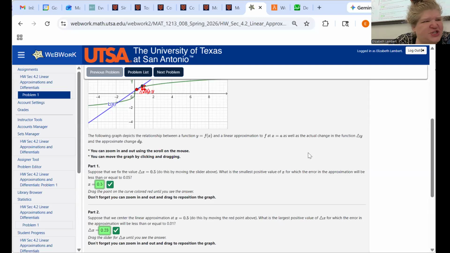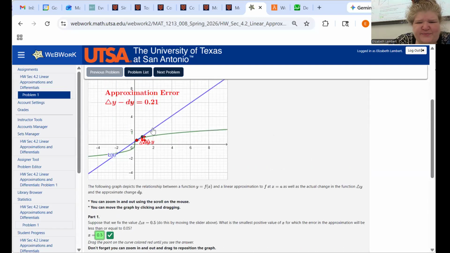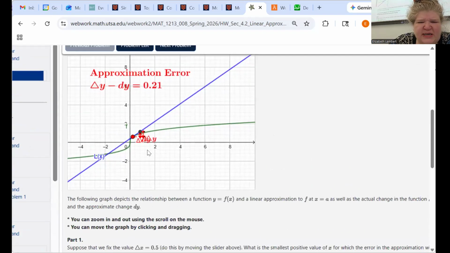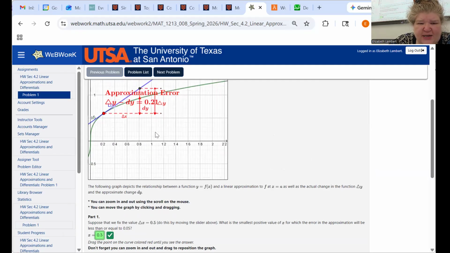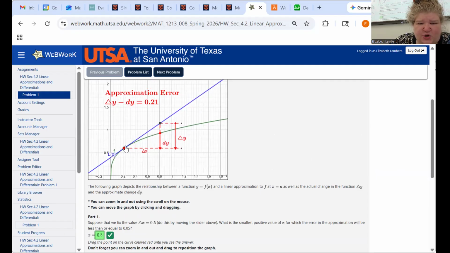So first question on the web work here, very weird, but it gives you a really nice visualization of the linear approximation versus the actual curve and seeing that difference between the y values.